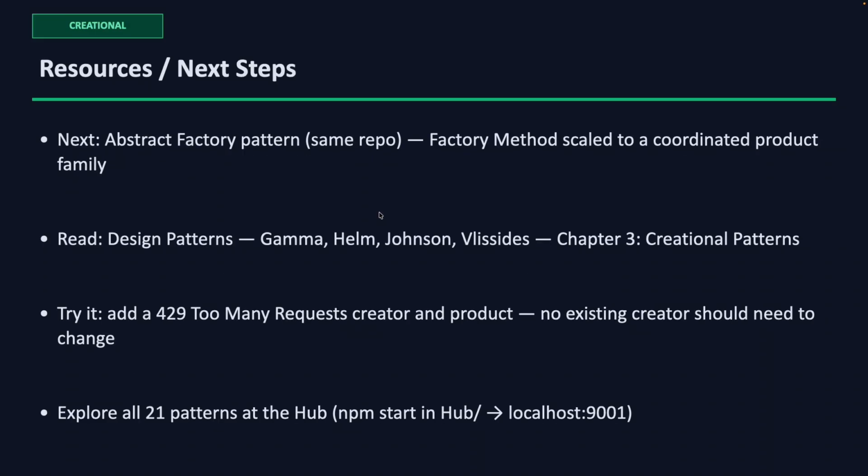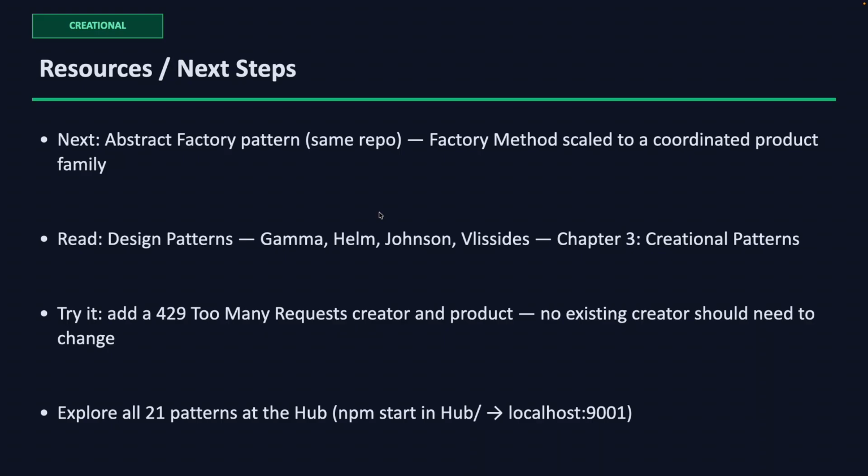The next step is the abstract factory pattern. If you're following through with this, the videos and everything like that, which is also in this repo, it shows you how the factory method scales up to creating coordinated families of products. There should be already a video covering that pattern already with an example as well.